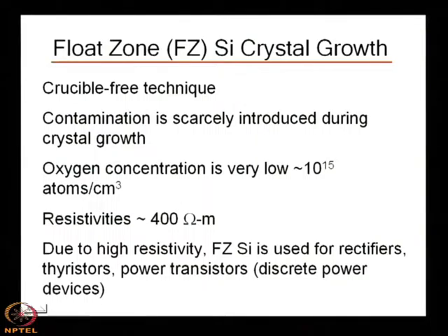So, in the Czochralski technique, you will find that from the crucible itself there will be impurity. Apart from silicon and oxygen, there may be carbon or other kinds of impurity. Carbon is another kind of impurity which is readily available during crystal growth. What is the source of carbon? You know that there is a furnace, then there is a heater, then a graphite susceptor.